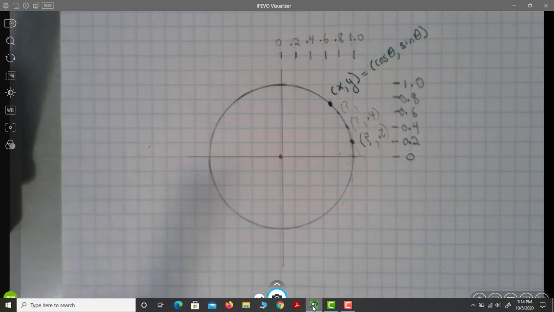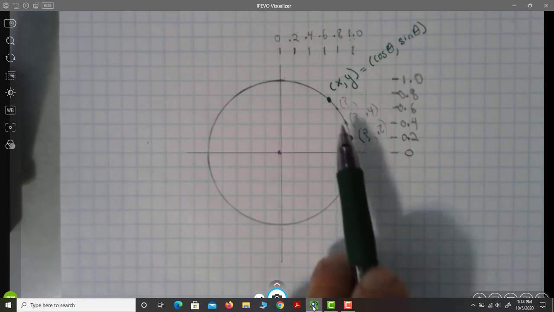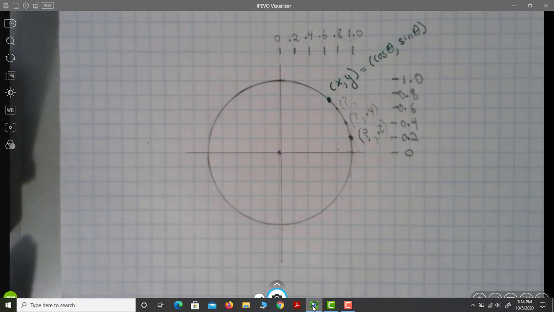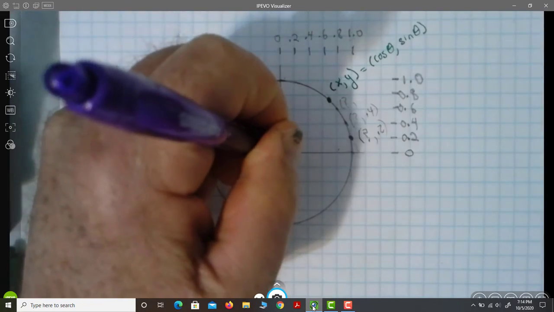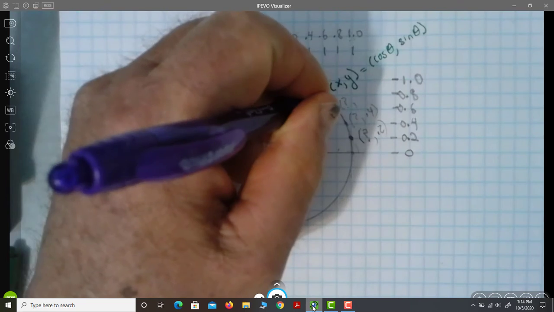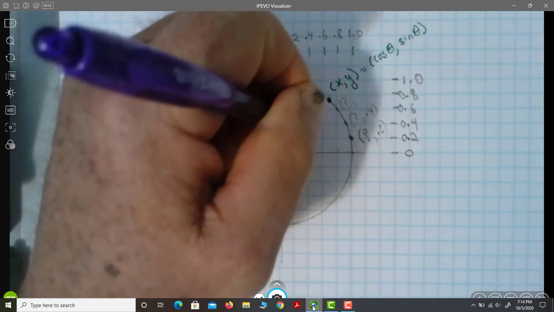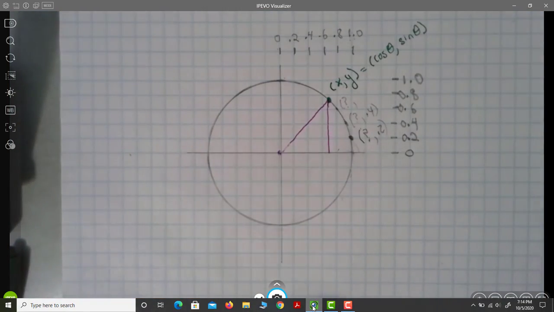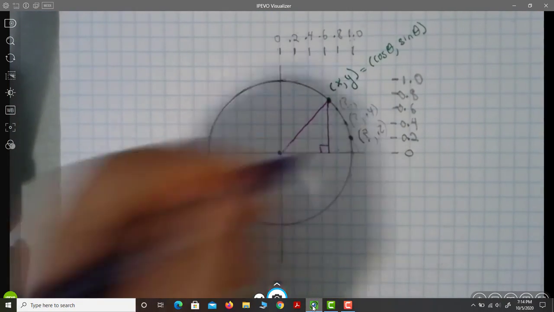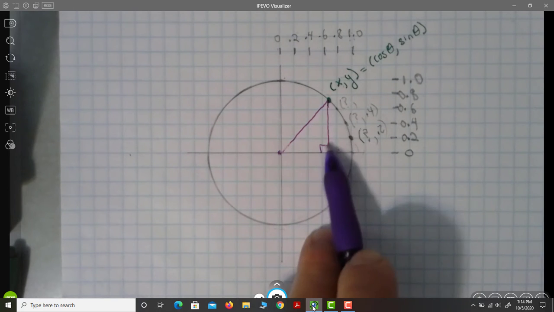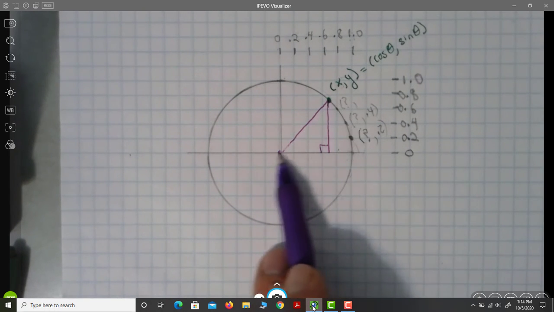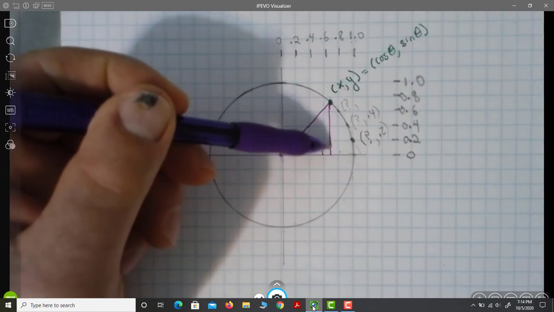Now, what do I mean by the Pythagorean identities just come out of here? Well, suppose that we were to draw in the right triangle like this. Then this is the leg of the triangle, and this is the leg of the triangle. So the x coordinate is this distance right here, and the y coordinate is this distance right here.